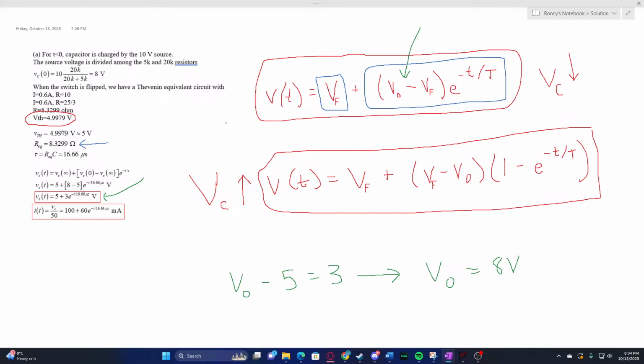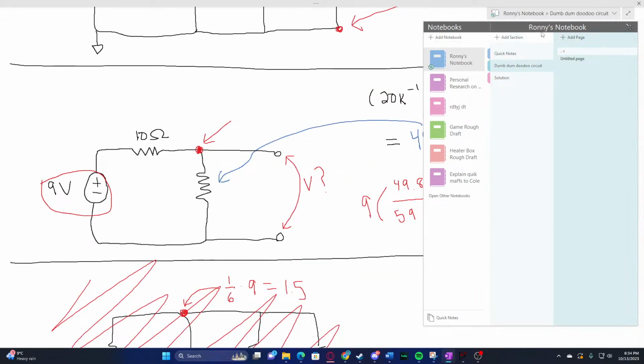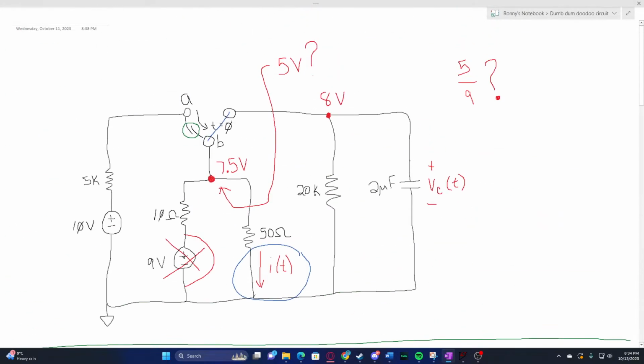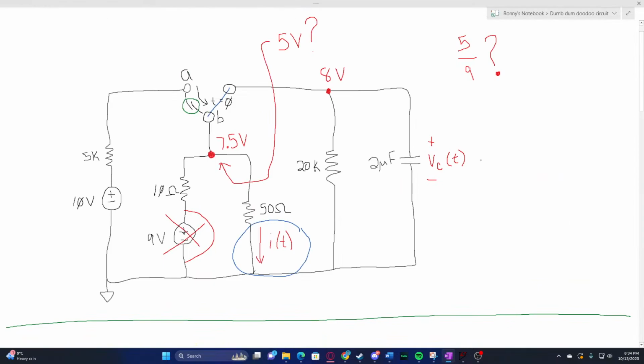That's interesting. Okay, so let's look back at that. I gotta go back to the earlier circuit. I'm going to erase some stuff here to make this a little nicer to look at.